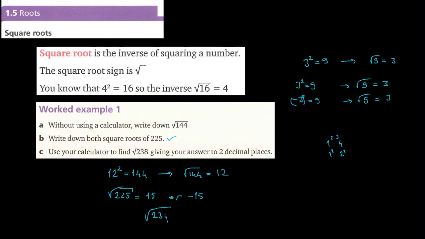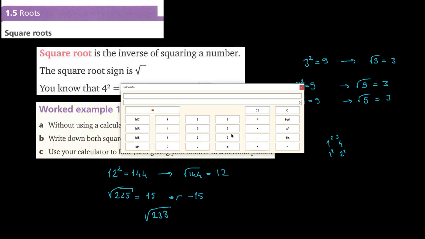238, if I use the calculator here, the square root of 238 is 15.42, 72, 49, it continues like that.